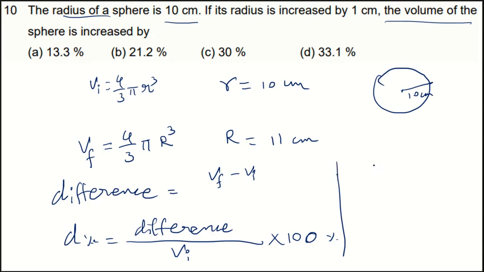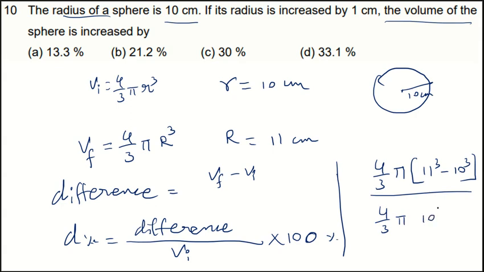First, 4 by 3 pi is common, 11 cube minus 10 cube upon 4 by 3 pi 10 cube and into 100 percent symbol.